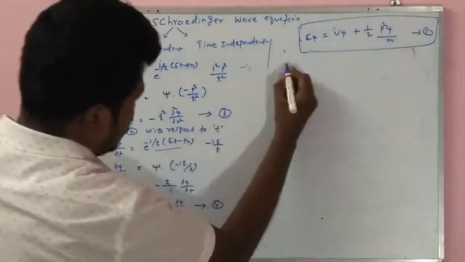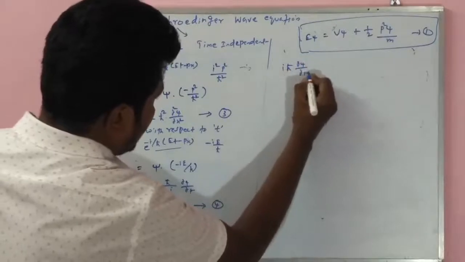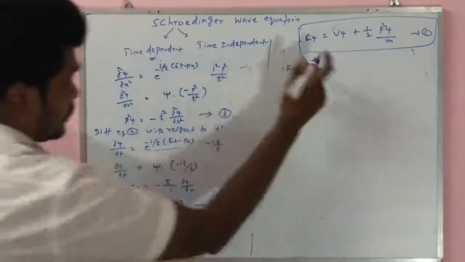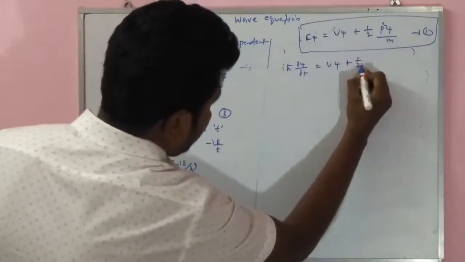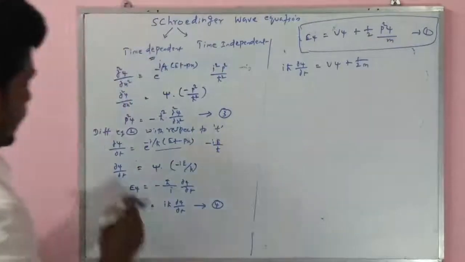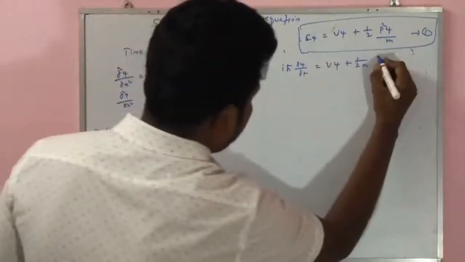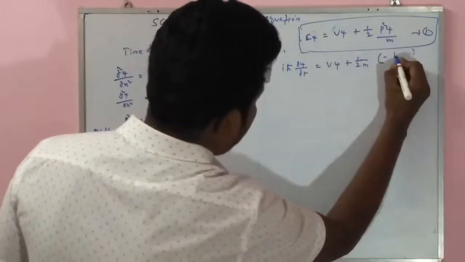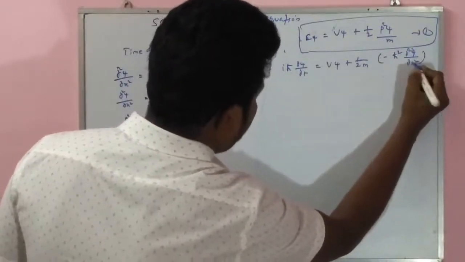E of ψ is equal to iħ ∂ψ/∂t equal to E of ψ plus 1 by 2m. Understand? Then p² of ψ, the p² of ψ equal to equation number 3, so minus ħ² ∂²ψ/∂x².